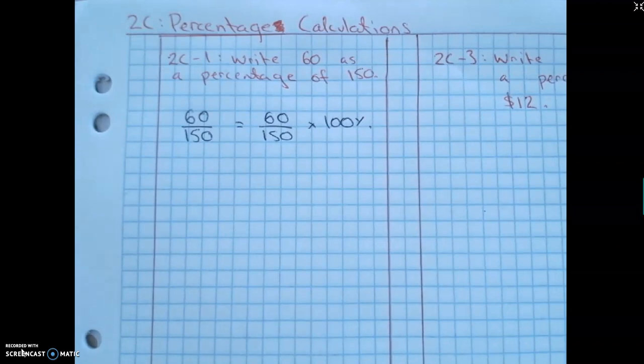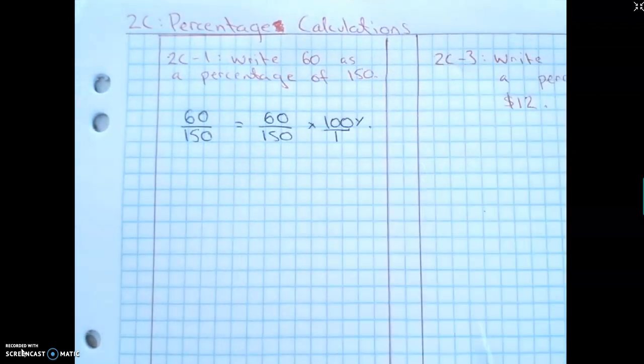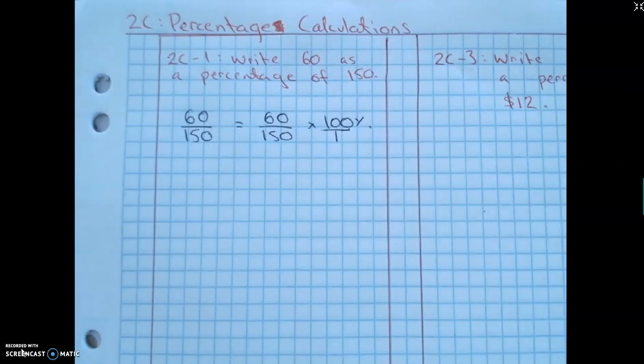Now, from what we did in our fractions work, without using a calculator, we would be able to simplify something like this, because if I wanted to write 100 as a fraction, it's the same as 100 over 1. Now we should be able to do some cross cancellation here.